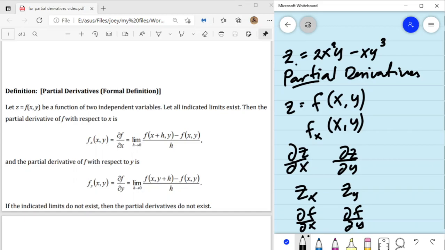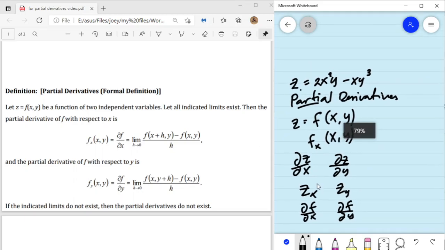While the partial derivative of f with respect to y is written as f sub y of xy, or the partial derivative of f with respect to y, as the limit of f of x, y plus h minus f of xy all over h as h approaches 0. So if one of these limits does not exist, then we say that the partial derivative does not exist.